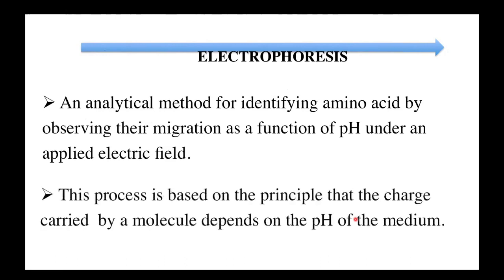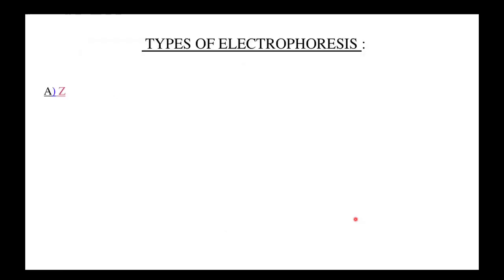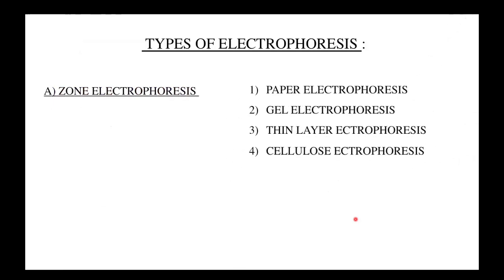The process is based on the principle that the charge carried by the molecules depends on the pH of the medium. Here are a few types of electrophoresis. One is zone electrophoresis, whose subtypes include paper electrophoresis, gel electrophoresis, thin layer electrophoresis, and cellulose electrophoresis.